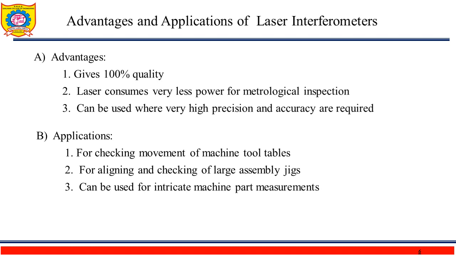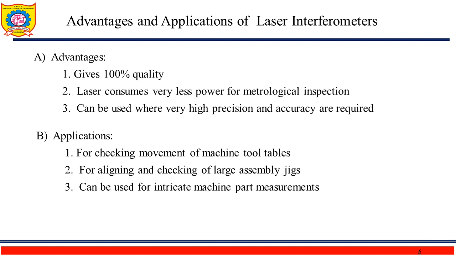Advantages and applications of laser interferometers. First one is advantages, it gives 100% quality. Second is laser consumes very less power for metrological inspection. Third one is lasers can be used, or laser interferometers can be used where very high precision and accuracy are required.